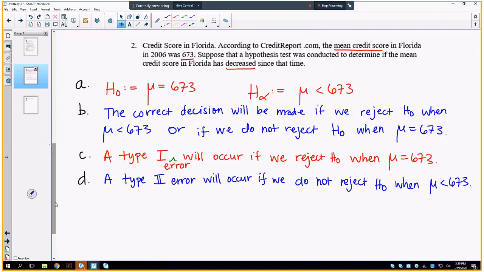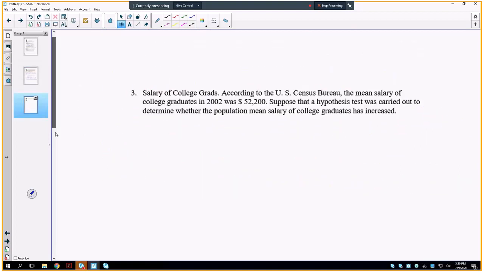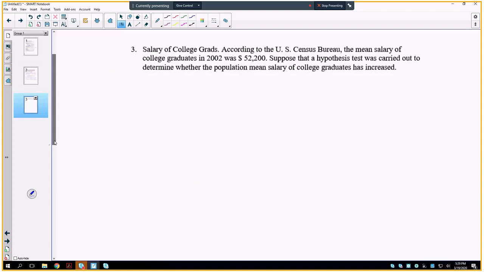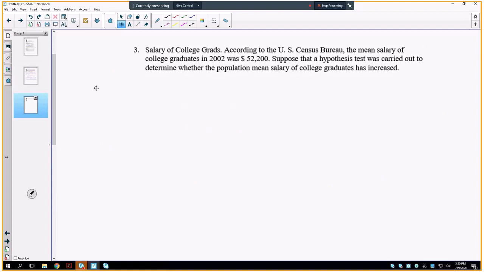All right, we have one more scenario we want to look at. We're going to do the same things, A, B, C, and D. So this is salary of college graduates. According to U.S. Census Bureau data, the mean salary of college graduates in 2002 was $52,200. Suppose that a hypothesis test was carried out to determine whether the population mean salary of college graduates has increased.